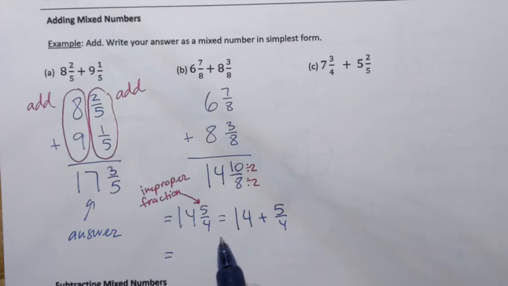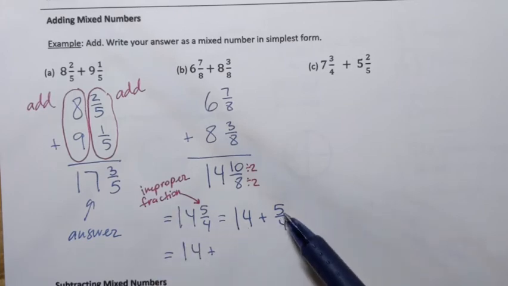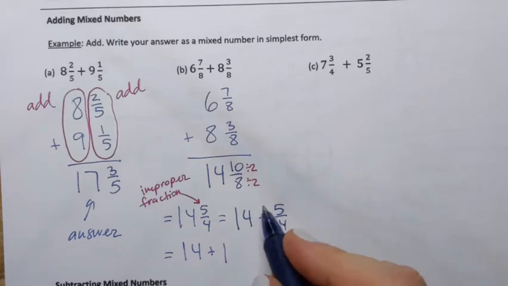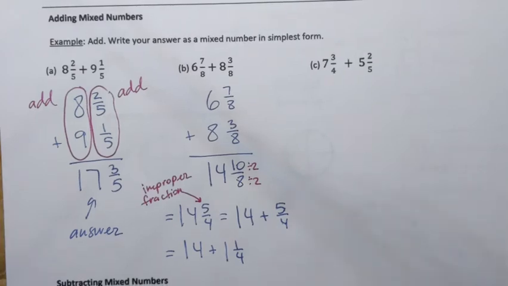So I'm rewriting 14, I'm not doing anything with it so far, plus 5 over 4. What mixed number is that? If I divide 5 by 4, I'll get 1, and the remainder will also be 1, right? So 1 and 1/4. So that is 5/4. And the last step will be to combine them back together.